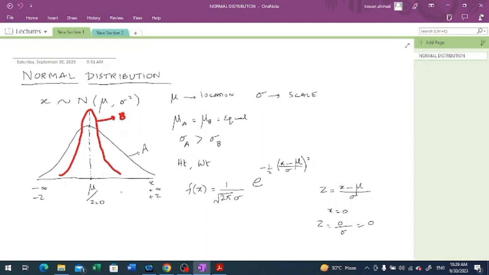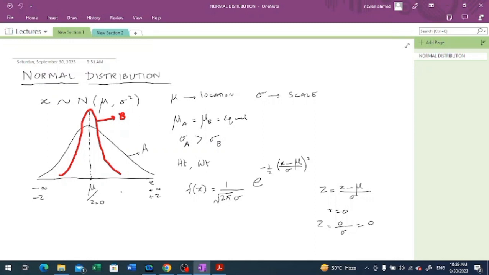To understand the scale parameter, I have drawn two curves, the second curve labeled as B, drawn in red color. You can take notice that both the curves, A and B, have the center at the same values.